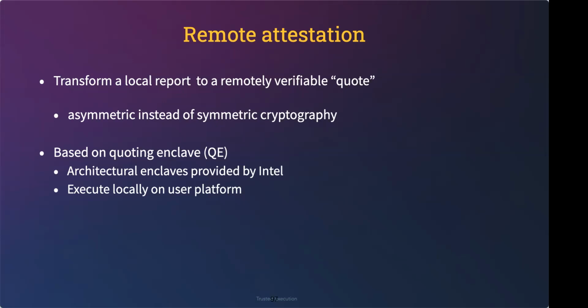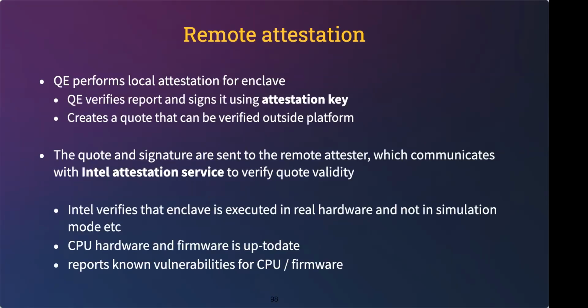For remote attestation, this quoting enclave, you use some from Intel. Intel has a certain way to learn the signing key of the quoting enclave, and that allows us to do a remote attestation. So we get such a report, and we can verify with the help of Intel that this report was created and signed by a genuine Intel CPU.